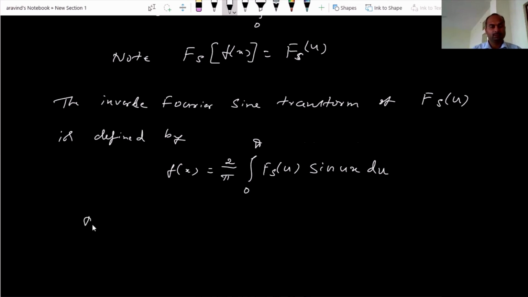And how is this inverse denoted? Fs inverse of Fs of u is denoted as f of x, its inverse.